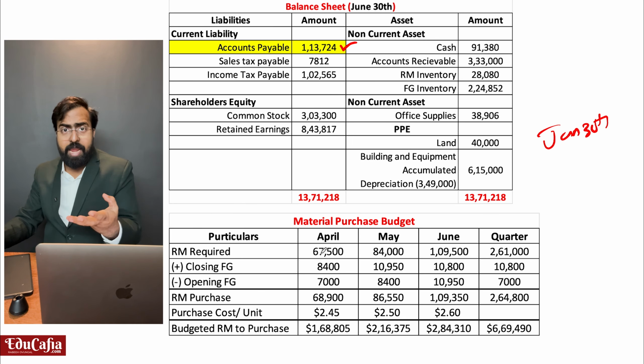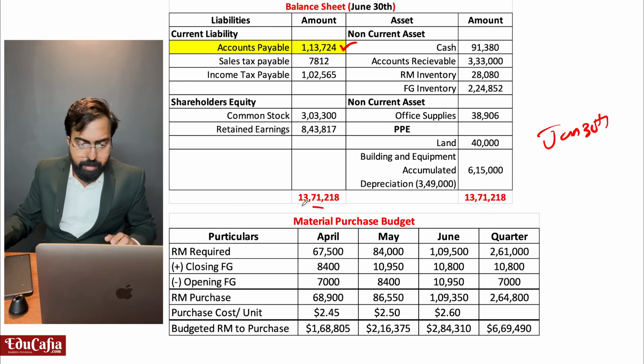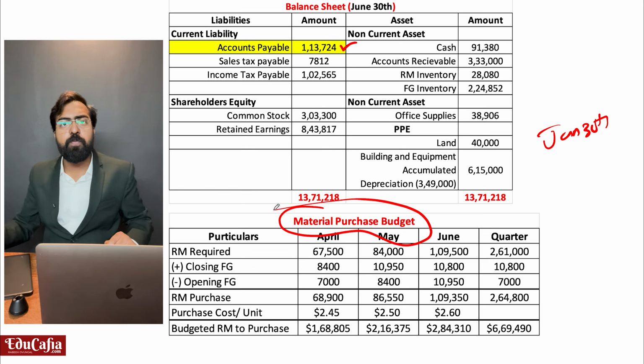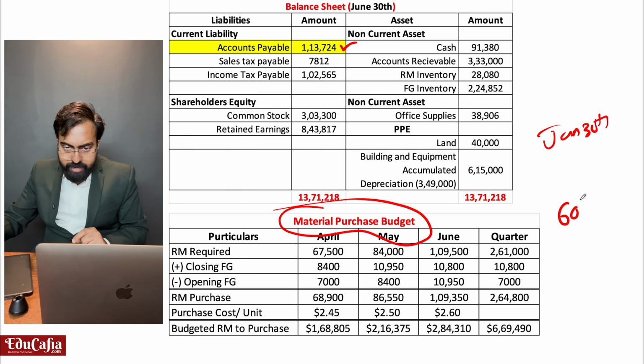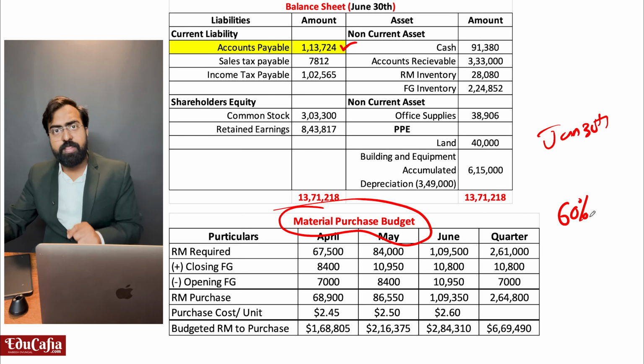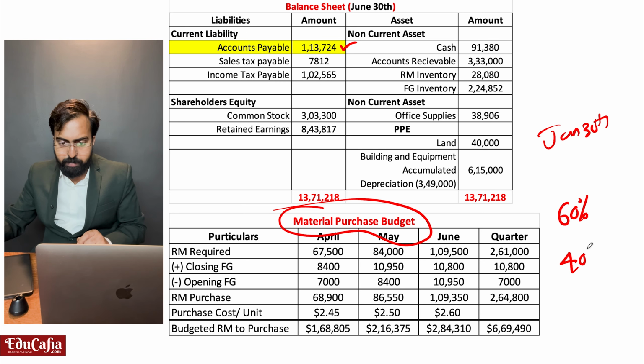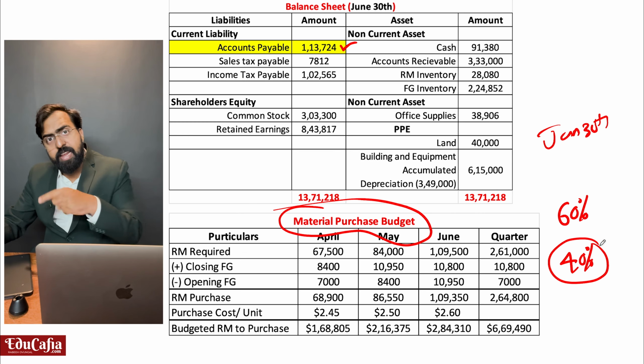We have the material purchase budget. We said whenever we purchase, 60% we pay within the month and the balance 40% we pay next month.